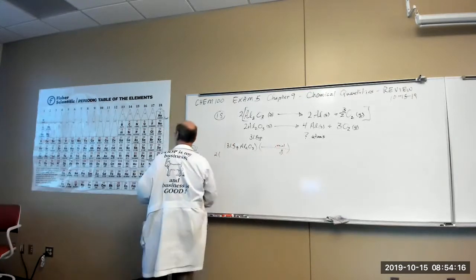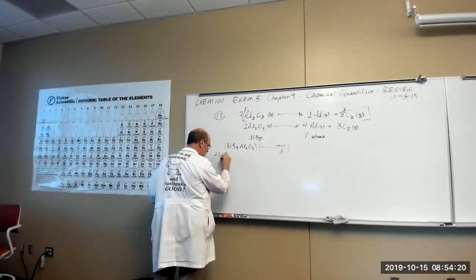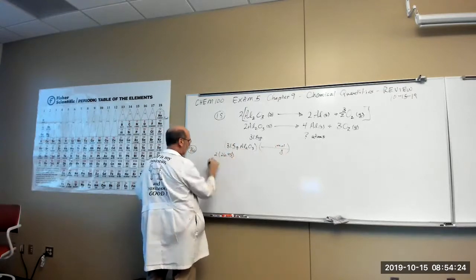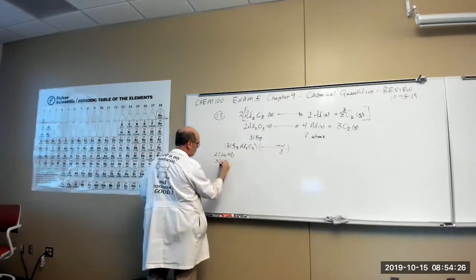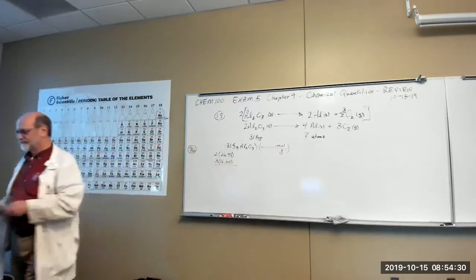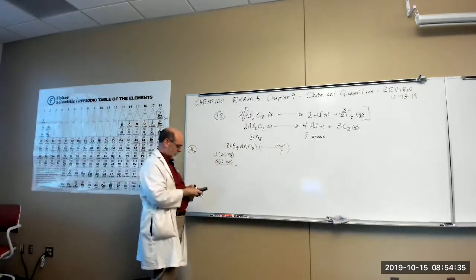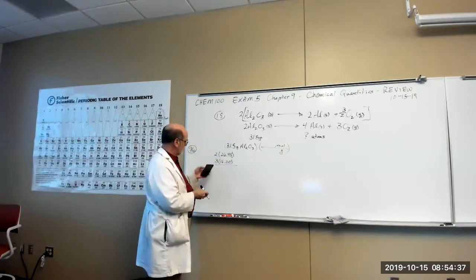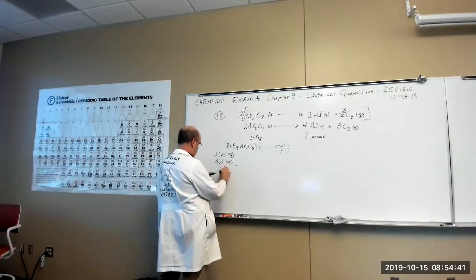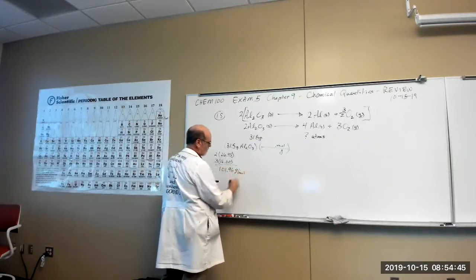Let's see if I can do this without making a mistake this time. 26.98, 2 of them, and 3 oxygens. Now, 26.98 times 2, and then 48 added to it. 101.96 grams per mole.